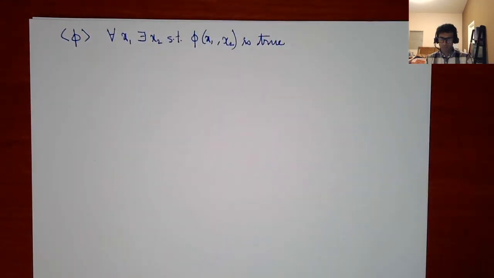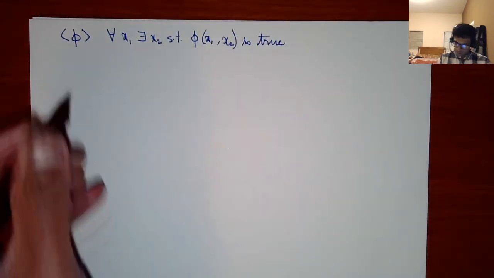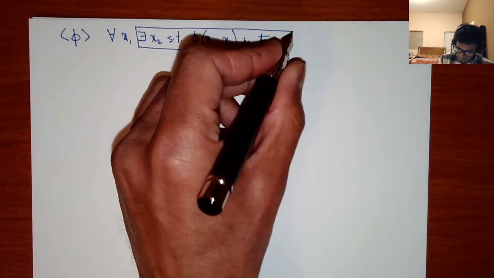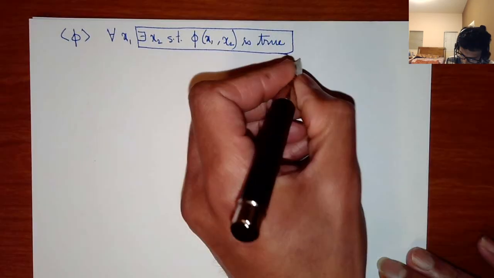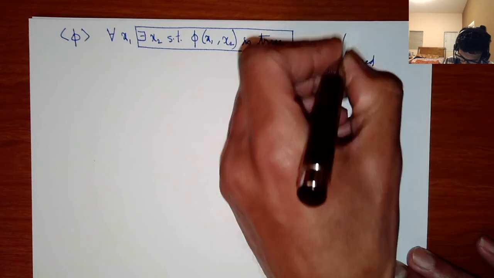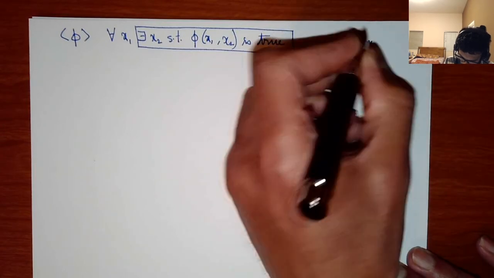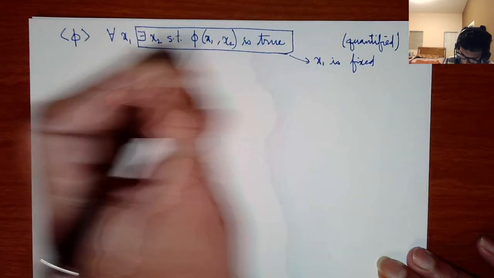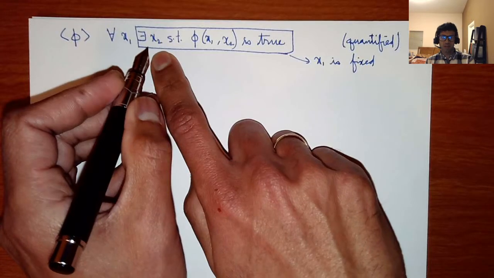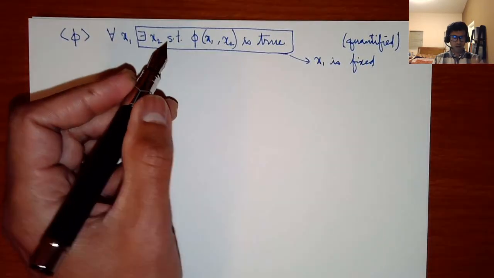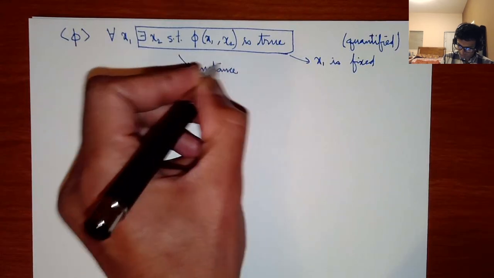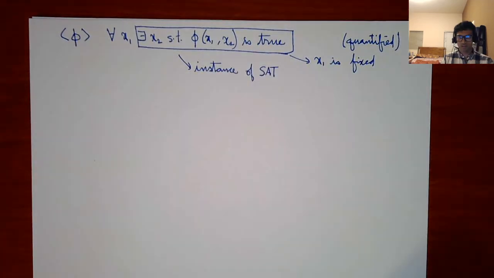So let's look at this part. In this, x1 is fixed, right, because it's quantified. So we're just saying there exists an x2 such that phi x1 x2 is true, but x1 is fixed. So this is just an instance of SAT.